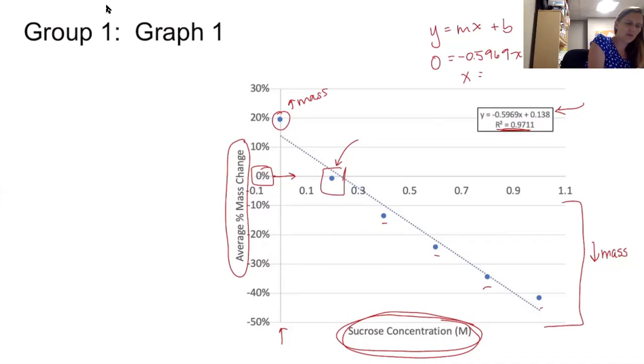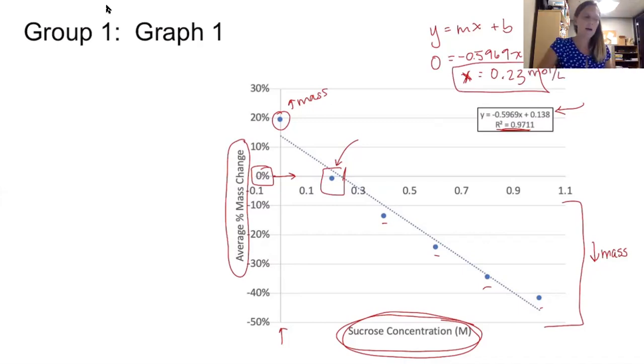And we saw, I think it was a 0.23. I think that was the correct answer. So that shows us that, again, since we're solving for x, we're looking on the x-axis. That tells us it is a 0.23 mole per liter concentration where there was completely isotonic and zero mass change.